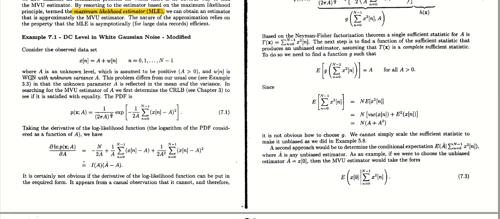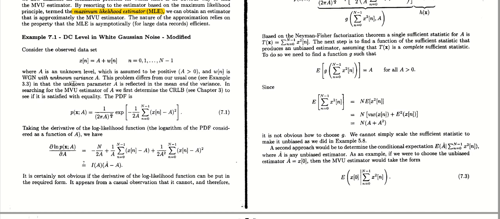Here A is an unknown DC level, which is assumed to be positive, and w[n] is white Gaussian noise with unknown variance. This problem differs from our usual one, in which the unknown parameter is reflected in both the mean and the variance.